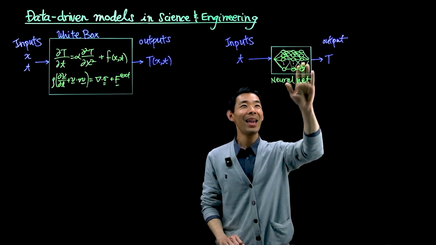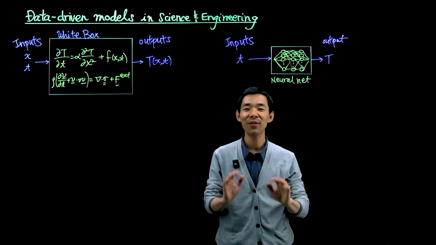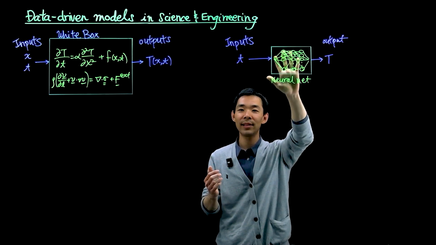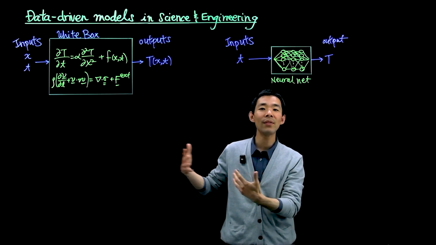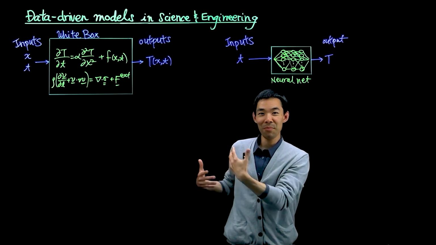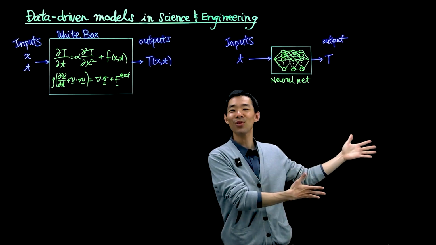But everything inside of here is a complete mystery. We have no idea what's going on. All this block sees is a list of numbers coming in, 0 to 24 hours, and numbers going out, temperature going out.